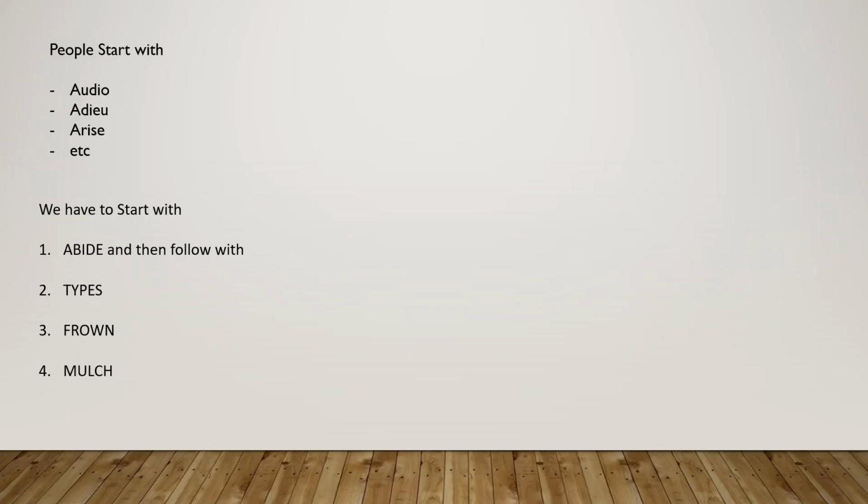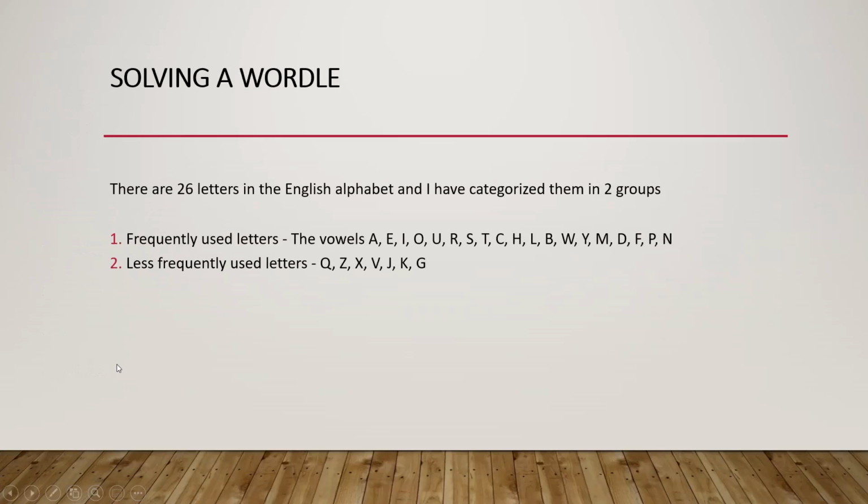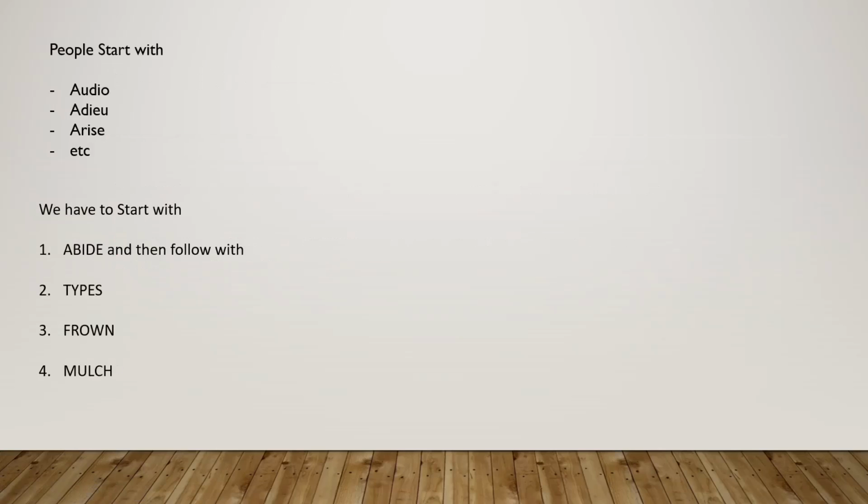These four words use all 19 letters of the first category, the frequently used letters. So by using these four words, in 90% of the cases, we will get to know all the 5 letters in the word of the day.